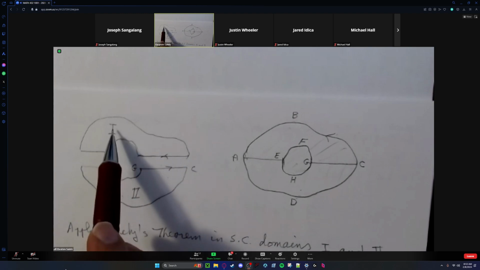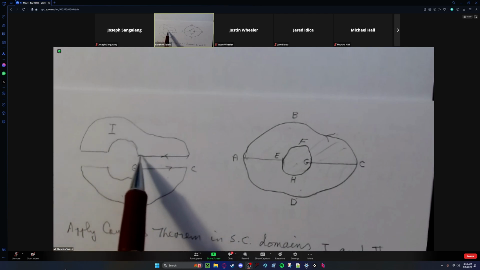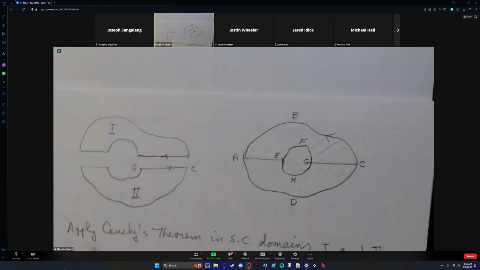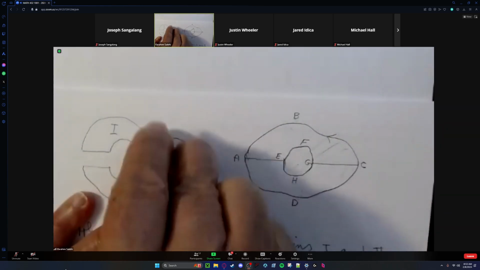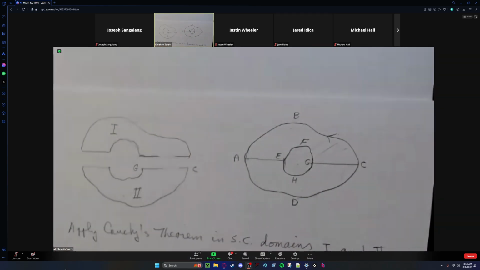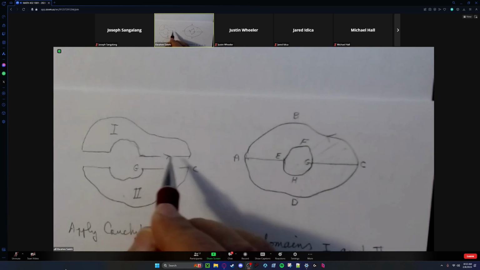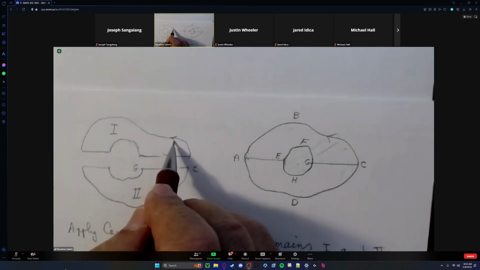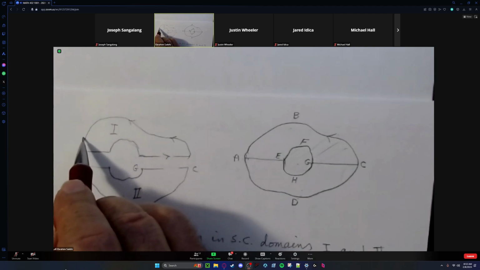Now here in part one, there is no hole. So the integral over the boundary is 0. And always when we integrate, we go counterclockwise, all right? So going counterclockwise means we go here, this one, and come back.